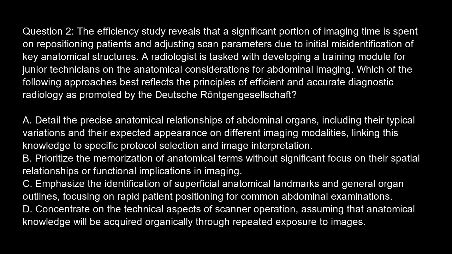Option C. Emphasize the identification of superficial anatomical landmarks and general organ outlines, focusing on rapid patient positioning for common abdominal examinations. Option D. Concentrate on the technical aspects of scanner operation, assuming that anatomical knowledge will be acquired organically through repeated exposure to images.